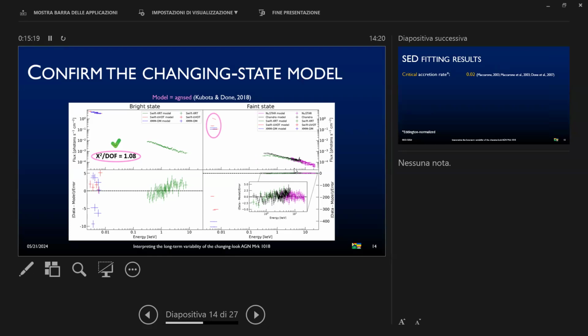Again, this is expected given that in an advective disk, the optical UV radiation is lower because a different accretion process is going on, and it's not producing the optical UV emission of a radiative disk. And so the SED fitting is again telling us that the accretion disk in Mrk 1918 cannot be radiative when the source is in a faint state, when the source is a type 2 AGN.